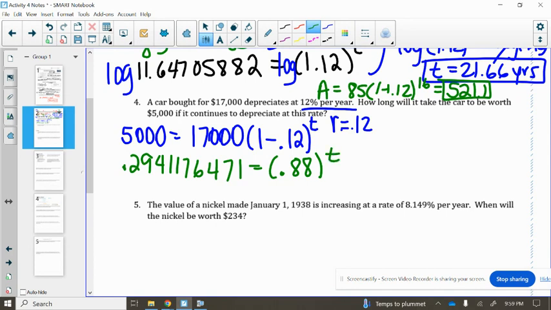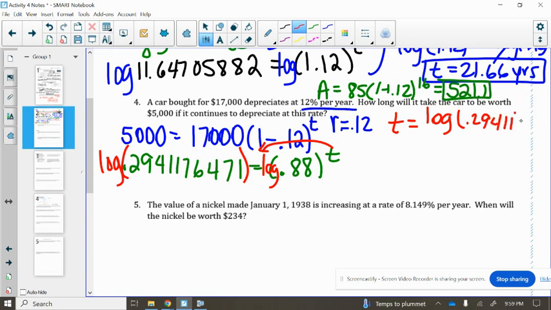Very similar to what we did up above, we need to take the log of both sides because what that will allow us to do is, again, bring that t out front. So to find our t value, we're going to take the log of the 0.29411 and divide over this log of 0.88 so that we have the t by itself.